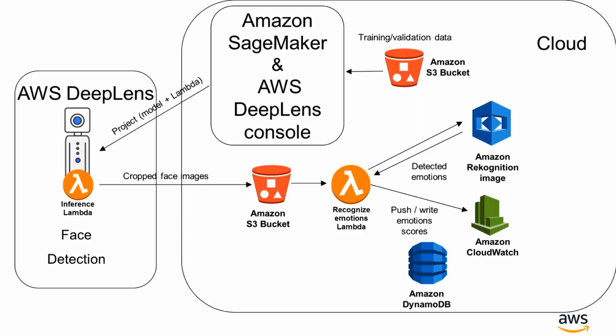So in the past, we were just drawing bounding box coordinates of the faces onto the input images and streaming them. But in this case, we're actually going to be cropping the face images from the feed itself. So we're going to take those bounding box coordinates, use those coordinates to crop the detected faces in the image, and then we're going to upload those faces into S3.